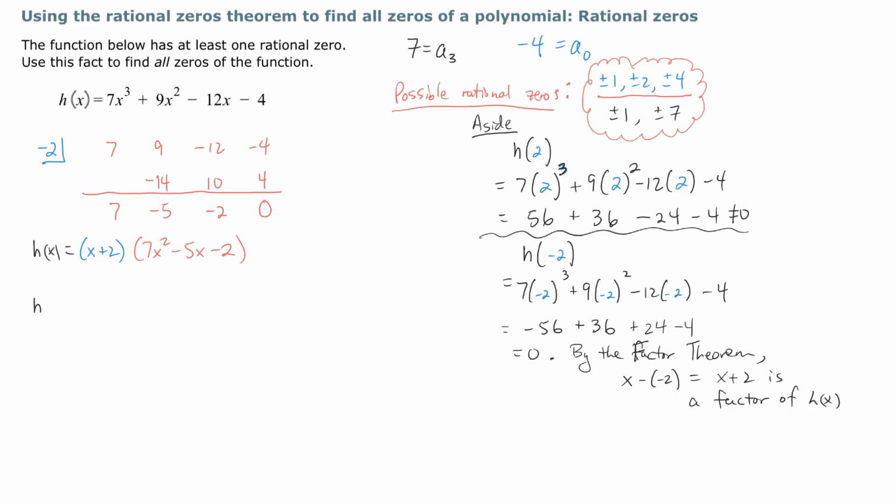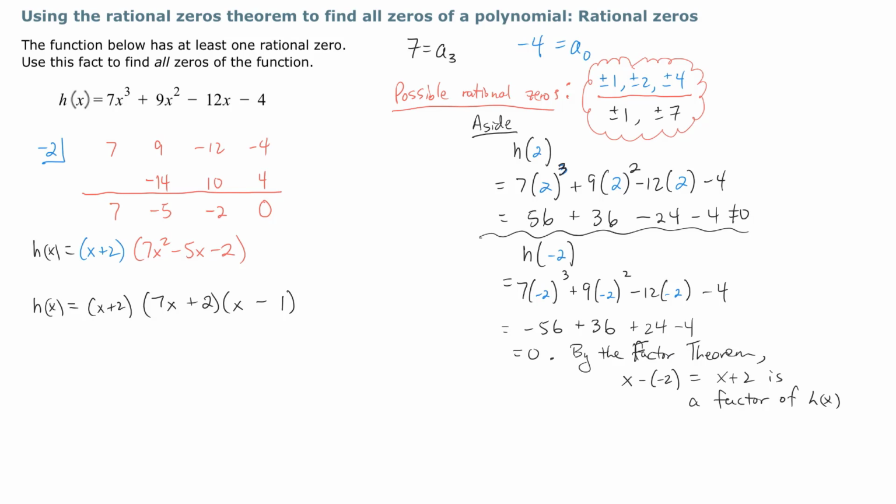Let's find out. h of x is equal to x plus 2. Well, 7 is nice. We just have 7 times x, and then we have, let's put a 2 here and a 1 here. Well, I think this is going to do it. Oh yeah, it is. There it is.